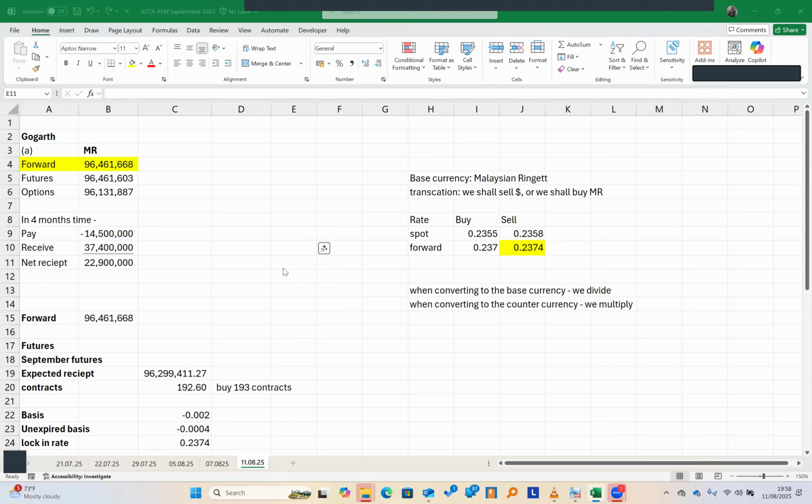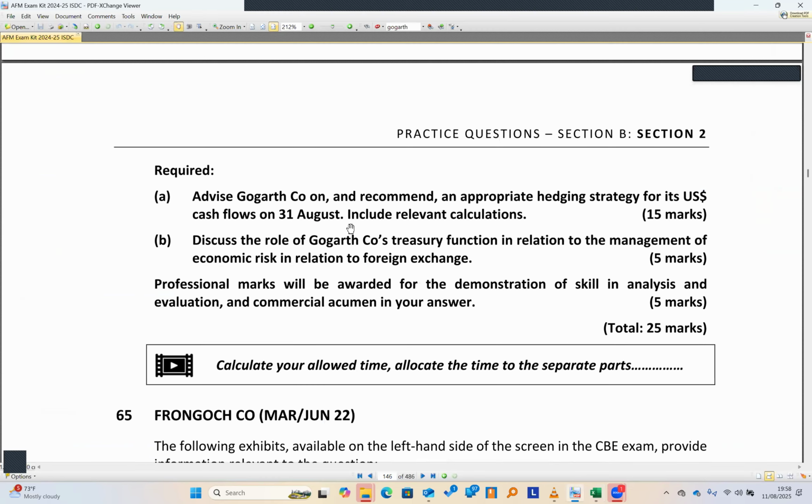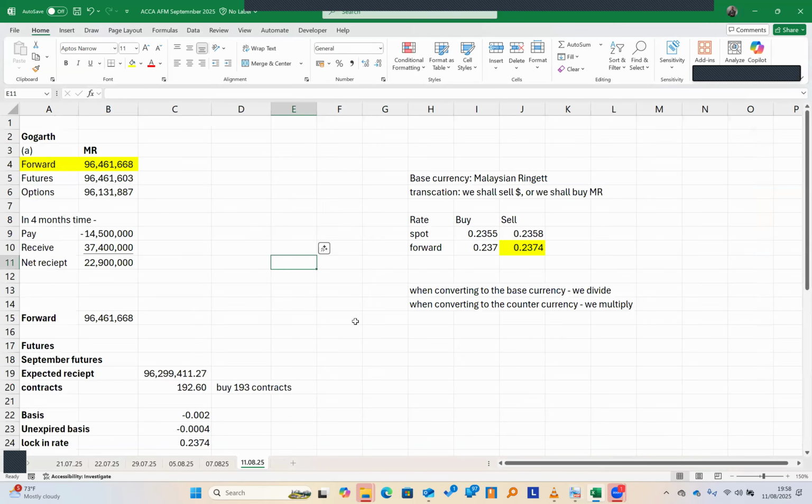So the question was asking us, because you need to, at the end of the day, answer the question, advise and recommend an appropriate hedging strategy for it using cash flow, including relevant calculations. So you would have calculated and probably given these as a table which summarizes it, that the receipt in Malaysian ringgit and the forward rate is 96.461, then for futures, and then for options, and then you advise.